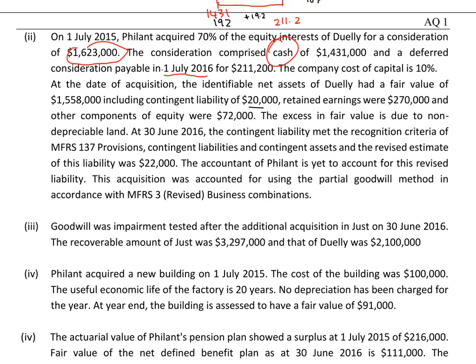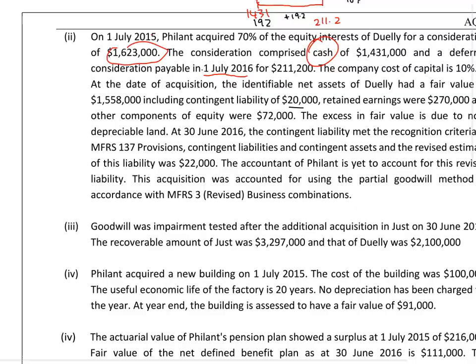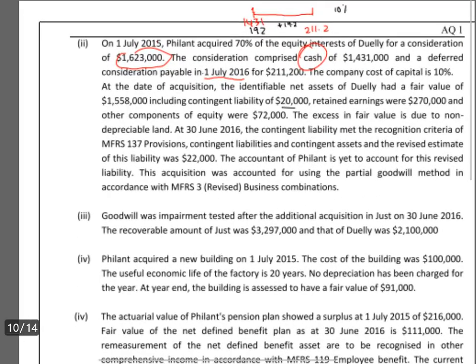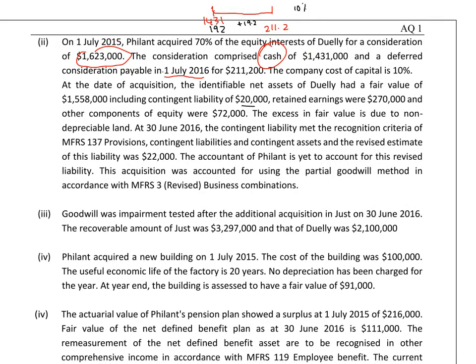What's the share capital? Retained earnings is 27. Other component is 72. Share capital of Dually is 1170. Okay, the excess of fair value is due to non-depreciable PPE.